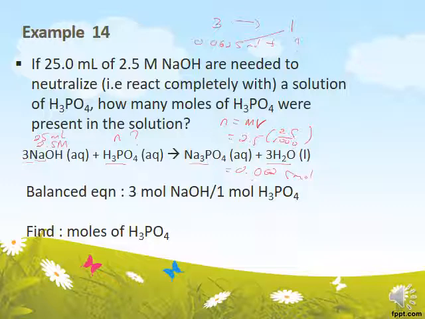Again we do the cross multiplication. So 0.0625 divided by 3, we get 0.0208333 and so on mole. So this is the number of moles for phosphoric acid.